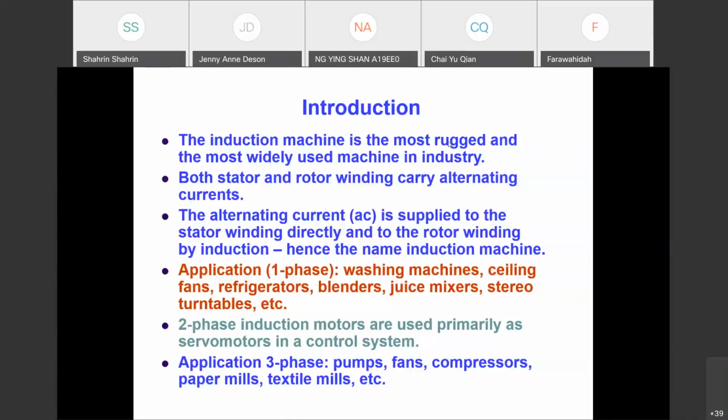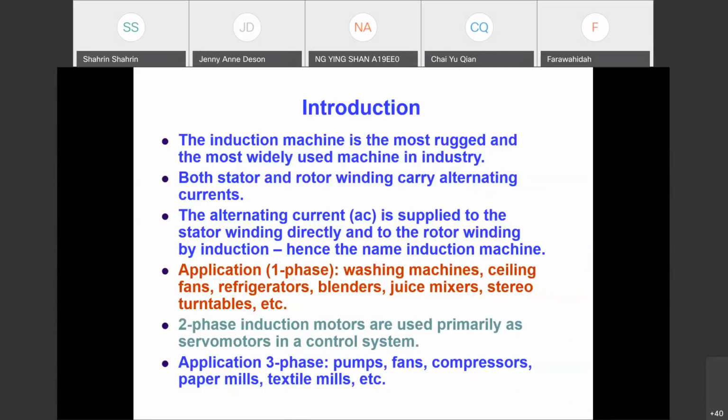For example, single phase, the nearest example is your ceiling fan. Okay, so this is a single phase induction motor because it uses AC supply. And then we have also the three-phase induction motor.